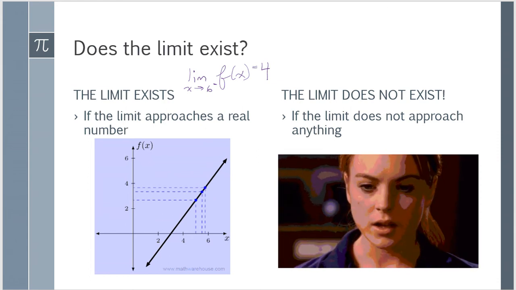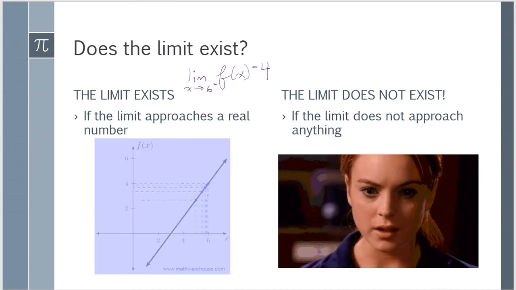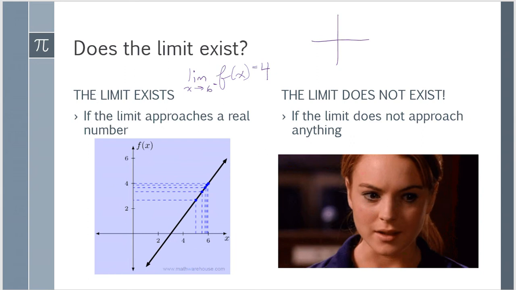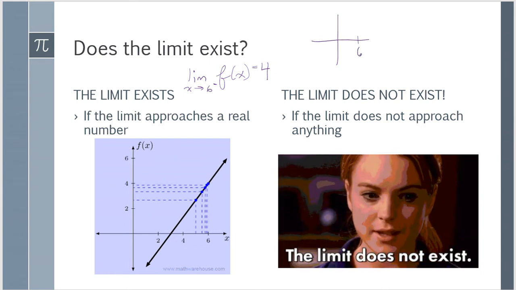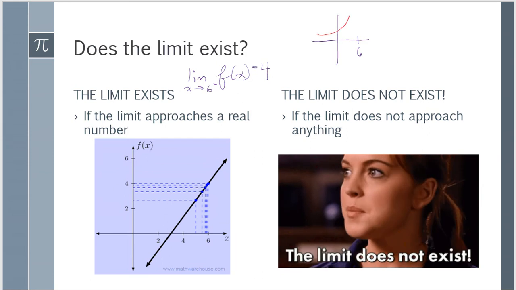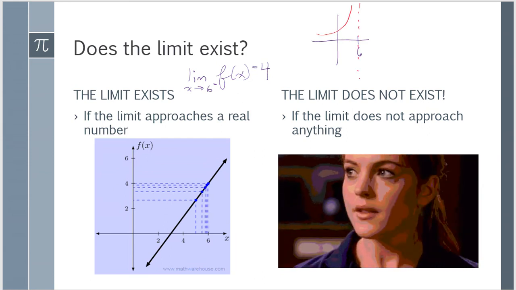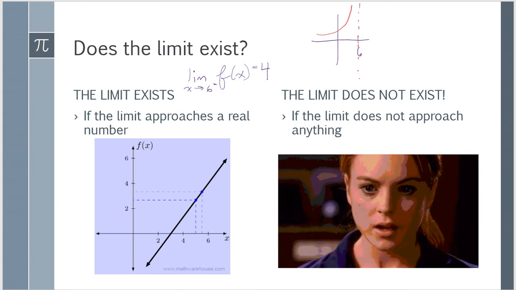A limit that does not exist can do so in different ways, and that's something we have to practice. One of them: let's say this is 6, and I approach it from the left, and we have a vertical asymptote there. At a vertical asymptote, the function doesn't exist, which isn't a problem for us with limits because we never reach 6.